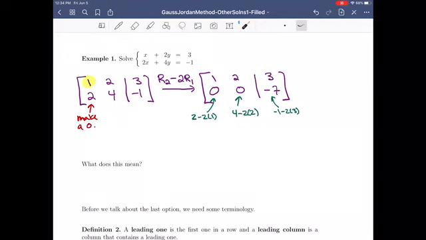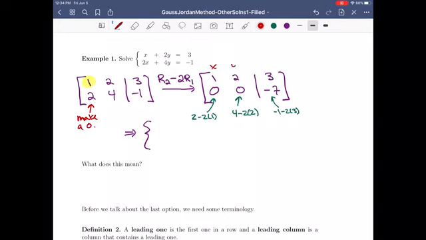What the flowchart tells me to do is write it as equations again. Here we have to remember there's an x column, a y column, the equals, and then the numbers, and each row is an equation. So I get 1 times x plus 2 times y equals 3, and then 0 times x plus 0 times y equals negative 7.